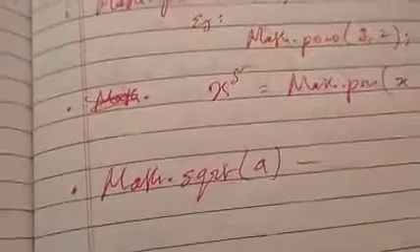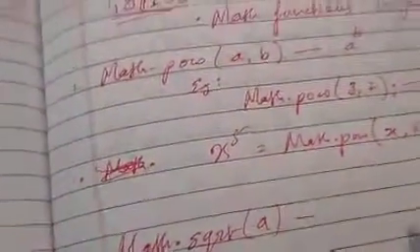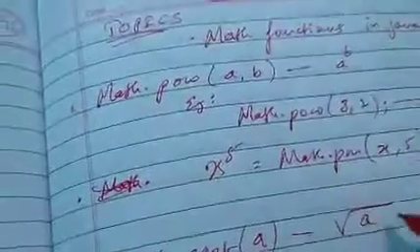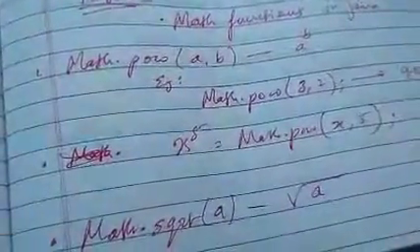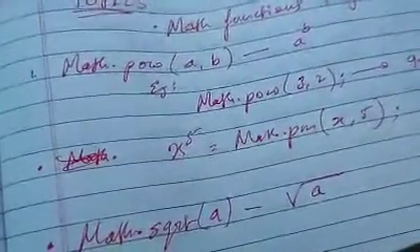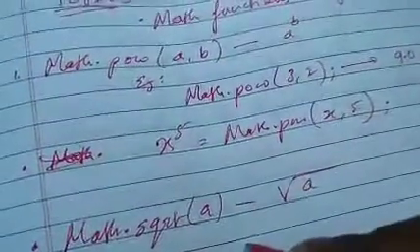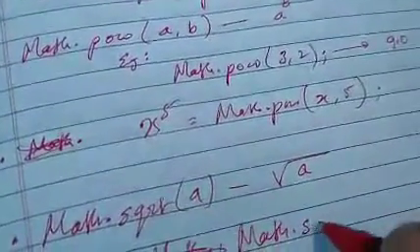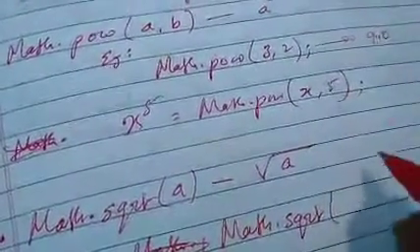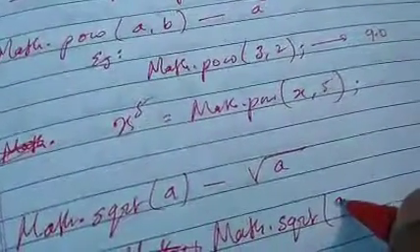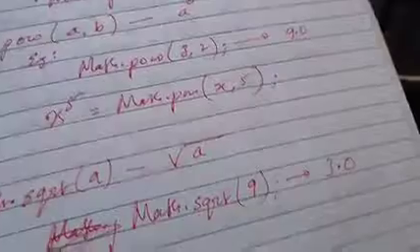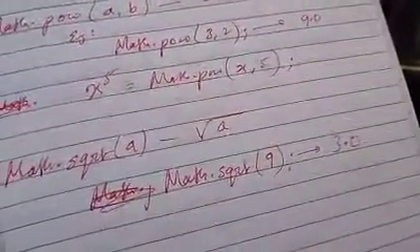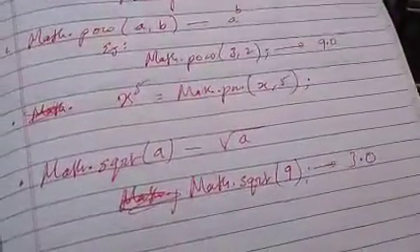It returns the square root of A. So if I write math.sqrt within brackets 9, the answer will be 3.0. They both return double type values. Power as well as sqrt returns a double type of value.